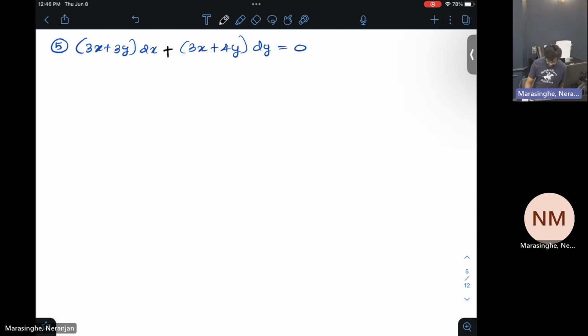Now you have an equation of type M dx plus N dy. First check whether this is an exact equation or not.